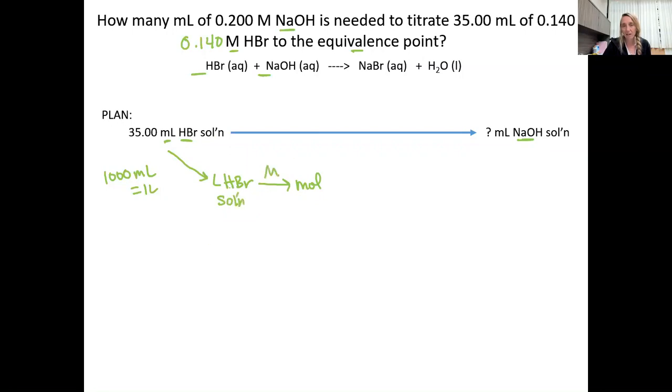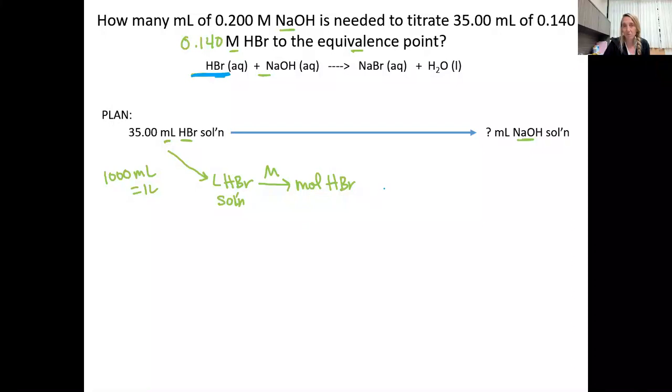My next step is I'm going to go from liters to moles. I didn't write this down, but I have milliliters of HBr solution going to liters of HBr solution. Next, I'm going to use my molarity. When I use molarity, I'm going from liters of HBr solution to moles of HBr. Now here's where, since I have moles of HBr, I can actually go up. These balanced chemical equations have to do with moles, right?